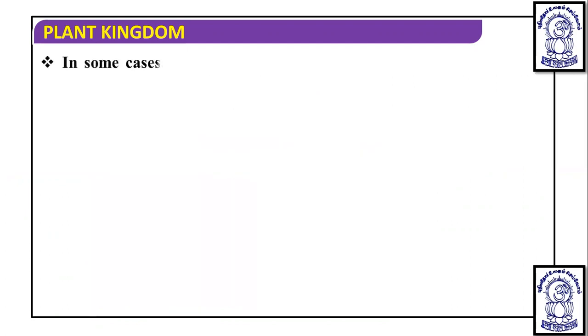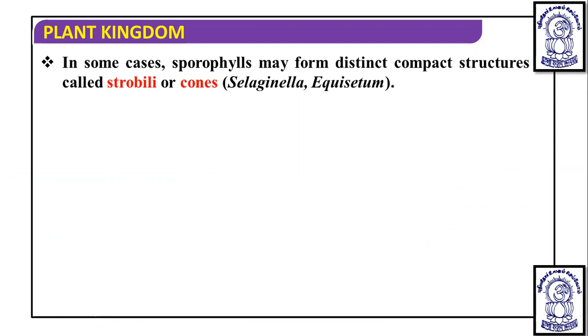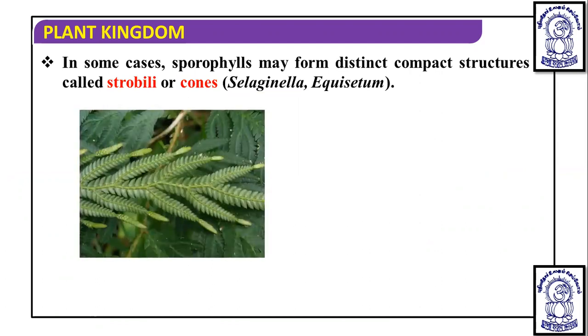We will discuss them in detail later, because in some cases sporophylls may form a distinct compact structure called strobili or cone, which we have also discussed. In that, the sporophylls form a group known as strobili or cone. You can see in this diagram, at the end, these are representing the strobilus or cone.